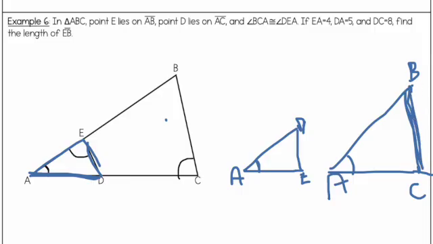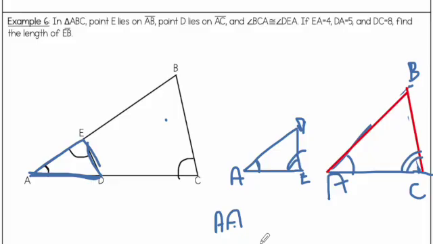It is really hard to draw on here. Okay, I think that's a little bit better. So we also know that angle E is congruent to angle C. Well, now we know these triangles are similar by the angle triangle similarity theorem.